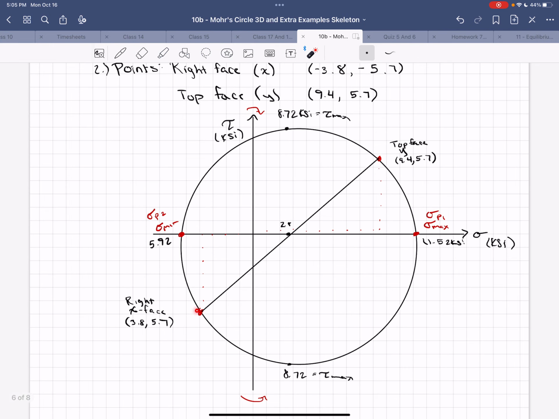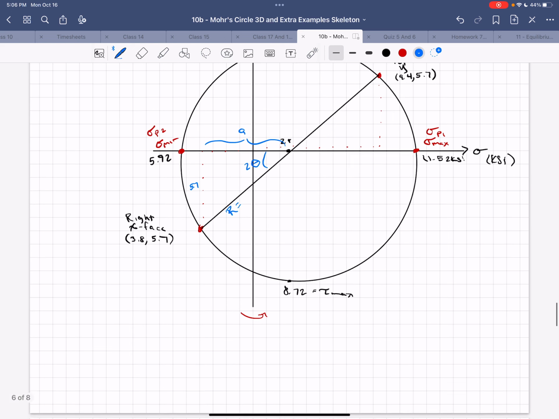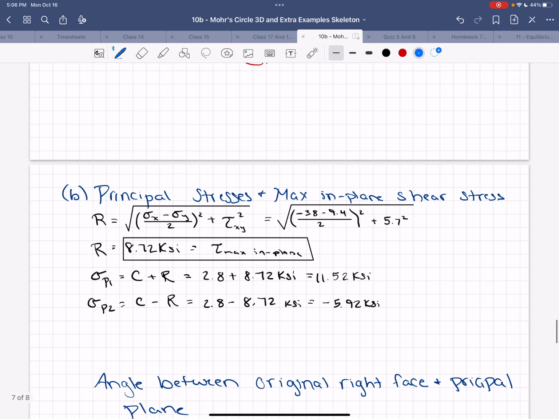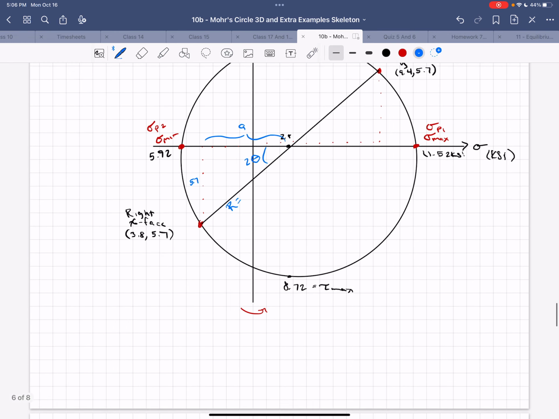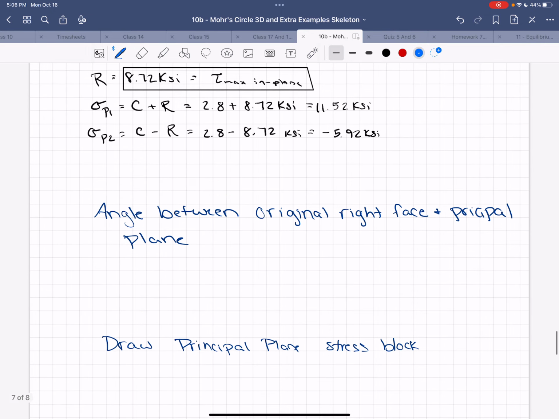I'm going to focus on my right face. And I'm going to move my right face to sigma P2, or sigma minimum. So I'm going to calculate this 2 theta. And I know that this is 5.7. And then I need to calculate this dimension that we could call A, because I also know that this dimension is the radius, so then I don't even need to know A.